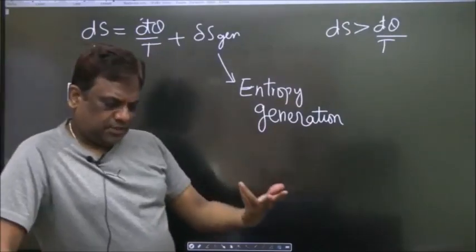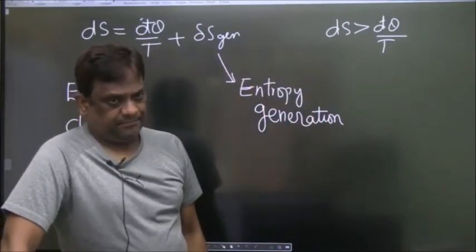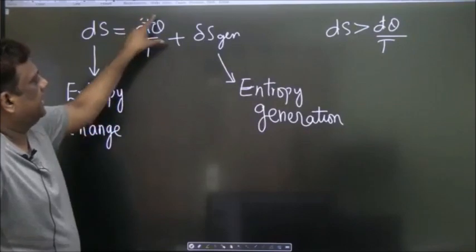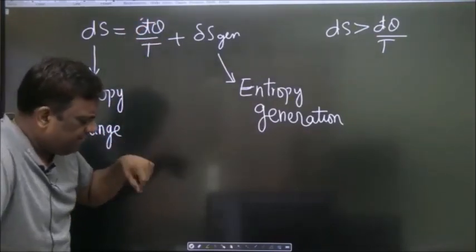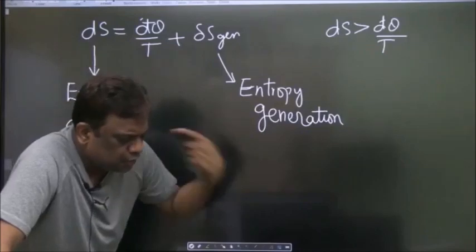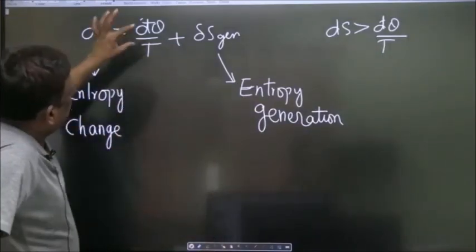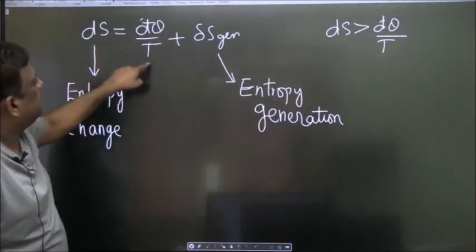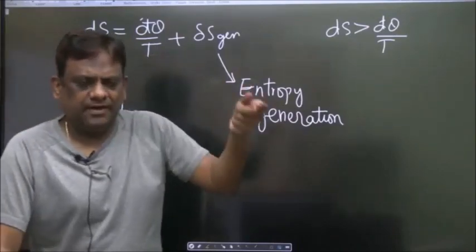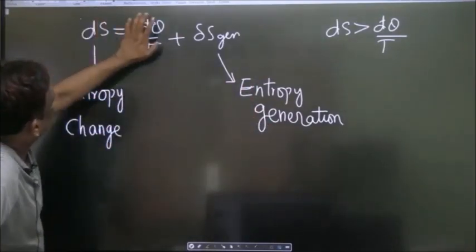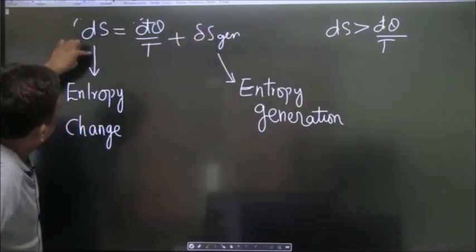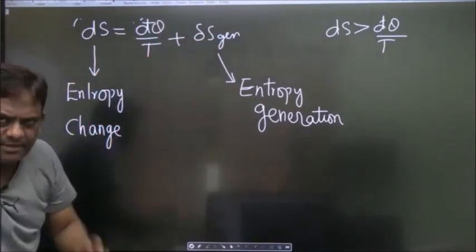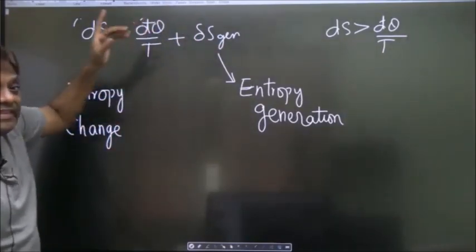But in a non-adiabatic process, whenever there is a heat transfer, when Q is not zero, this term will be there. This term is associated with heat transfer. Everyone knows its unit is the same: this should have the unit of entropy. This is entropy, this is also entropy, but this one is associated with heat transfer.